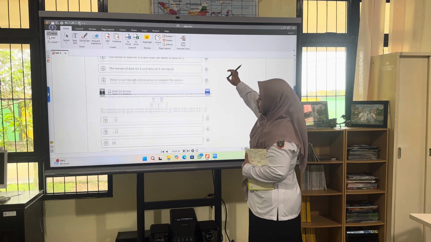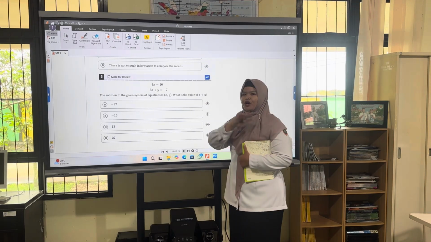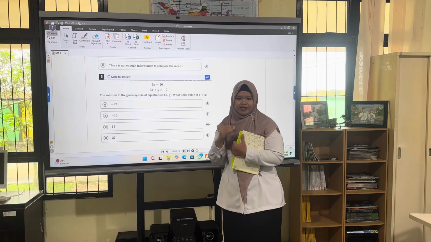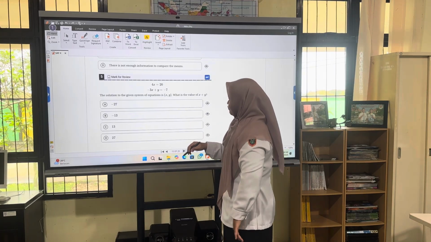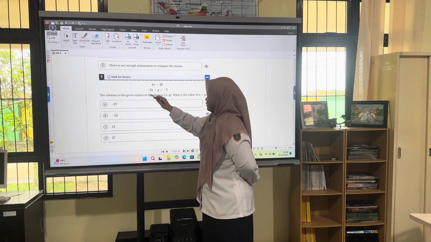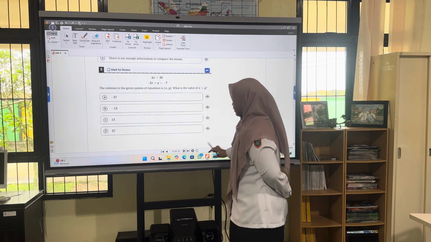I'm so sorry, because in this material we just took screenshots and the numbers are not rearranged, so you just follow how to solve the problem.